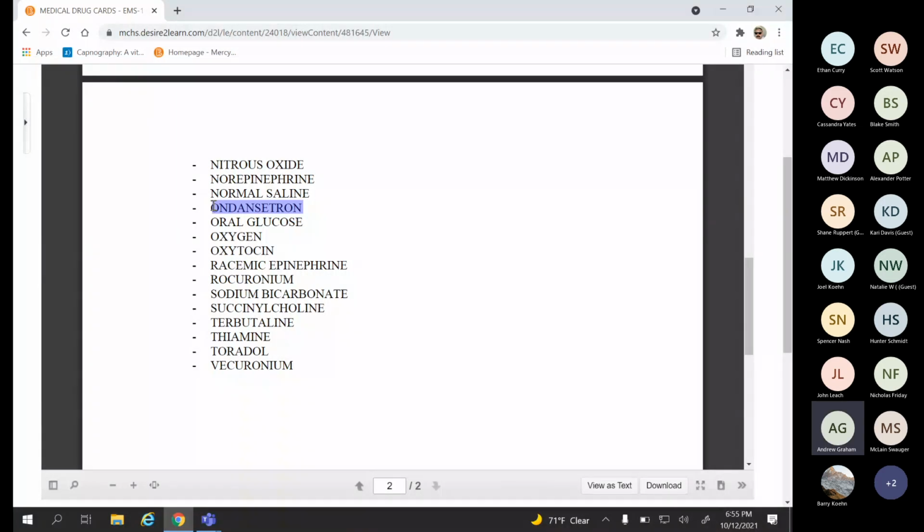Rudy, have you ever seen it used for anything else? This is a trick question. I saw it used for something else the other day. I have not. We had a guy that was having an allergic reaction in the ER, well, we thought, and the doctor tried it thinking it would help. It helped a little bit, but he ended up getting intubated anyways.